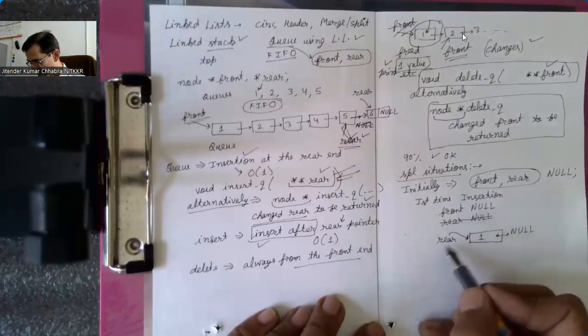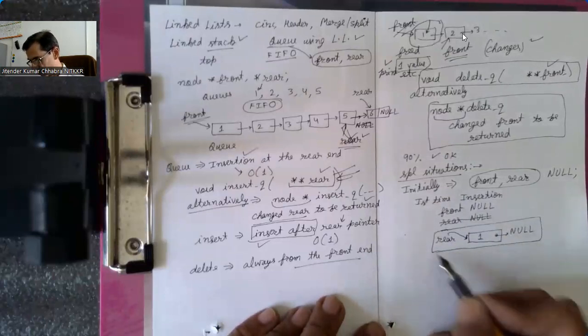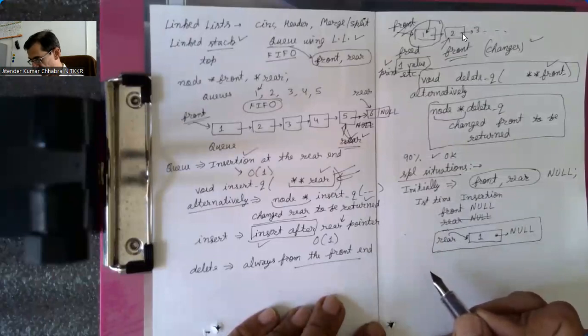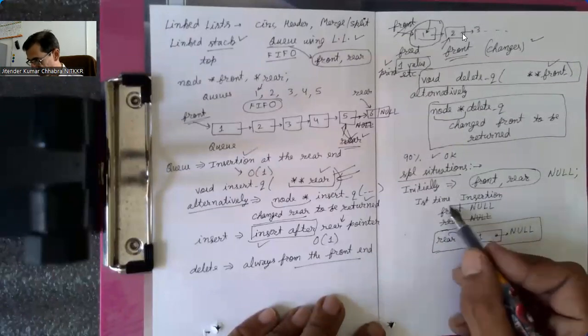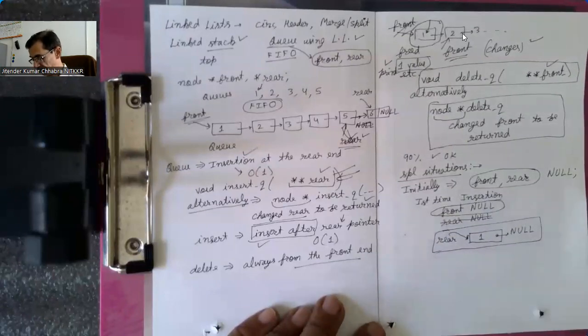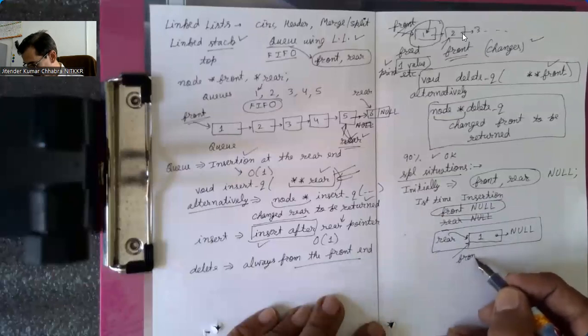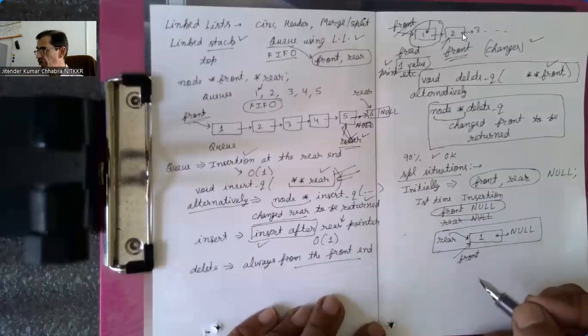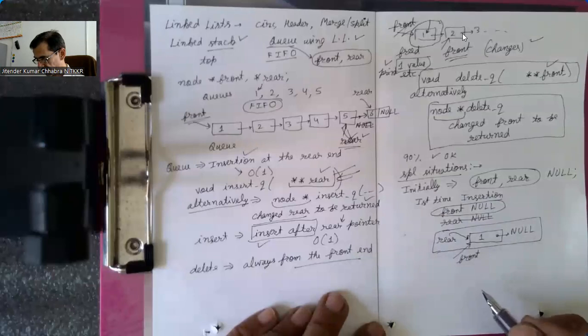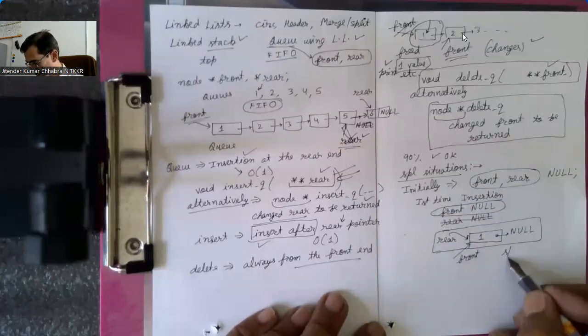But at this point, do you have to do something more? And the answer is yes. Why? Just see where is front. Front is null. So if you have done first time insertion, at that time front was null, you have to initially bring your front also here. So that becomes a special situation.